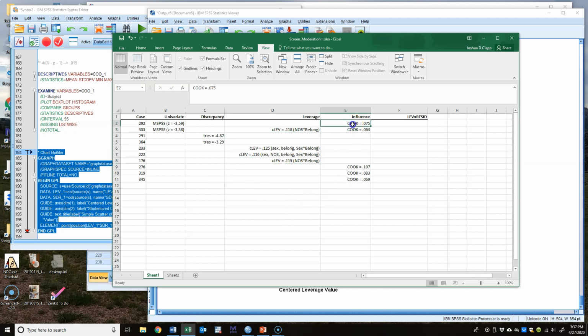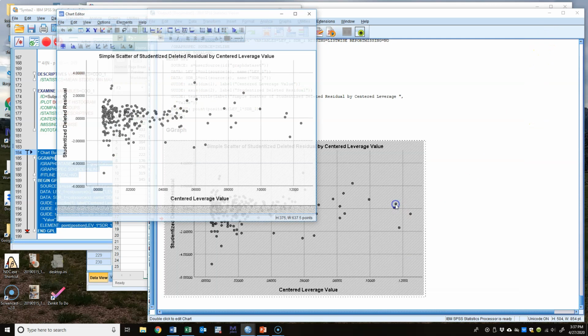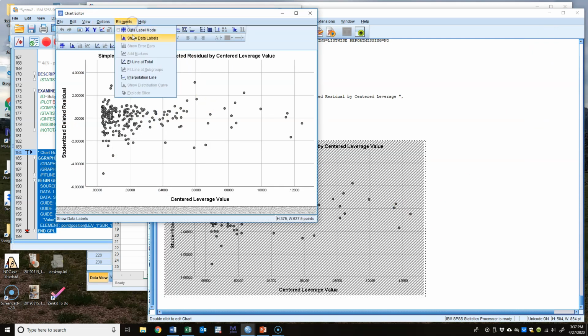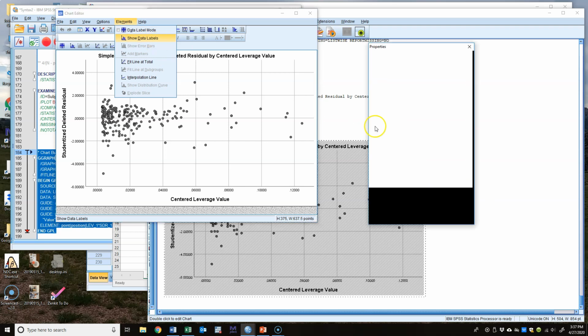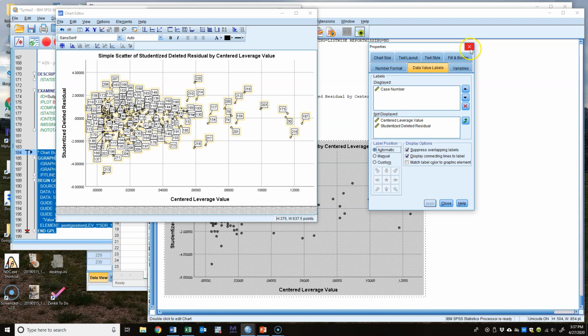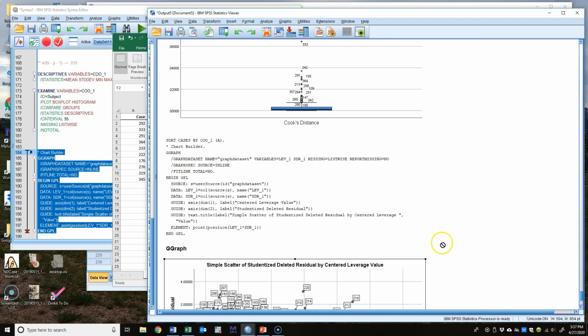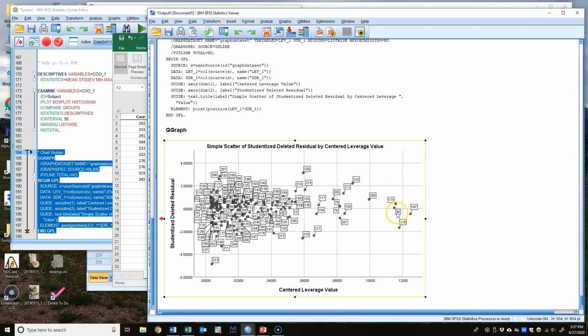And then our high influence values, right? These were all the cases that had high Cook's. And then our leverage by residual plot, we didn't see much there in terms of pointing us at specific cases. Remember that for this, if you double click on it and go to elements, say show data labels, it'll label the position of that point in your set.